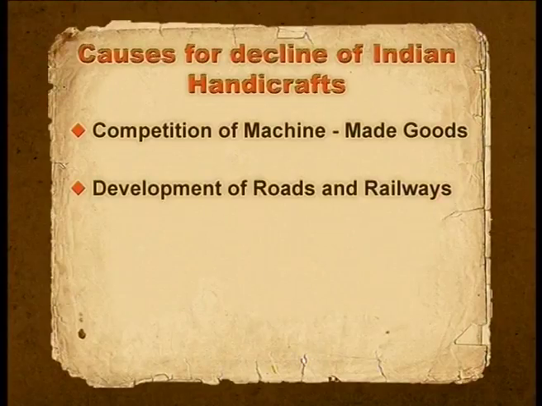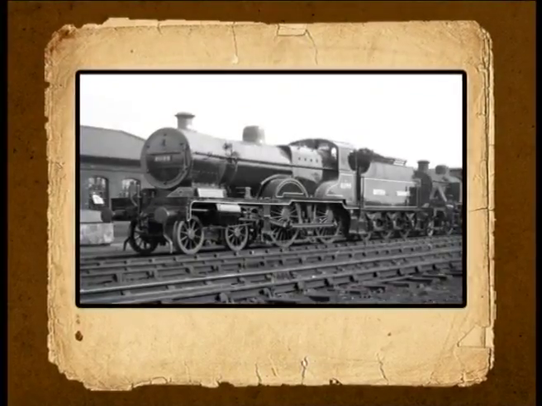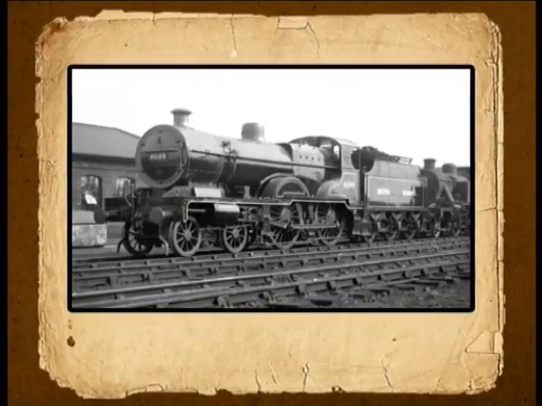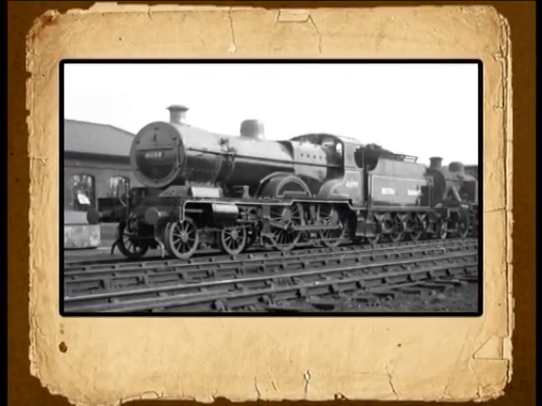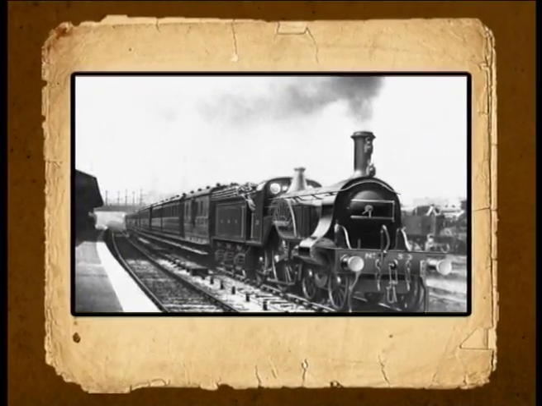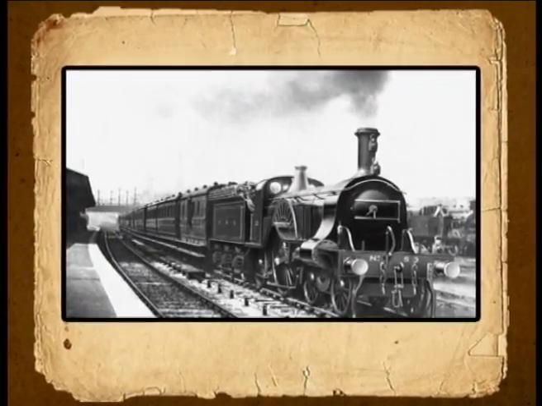There was a lot of development of roads and railways, which allowed machine-made goods, exports and imports from the British Empire, to penetrate every corner of the village. Almost all the village industries suffered because they could not compete with machine-made goods, which penetrated every nook and corner of the economy due to the development of roads and railways.